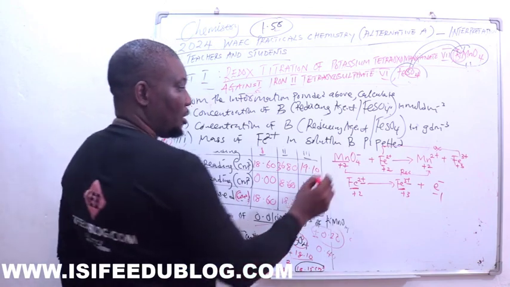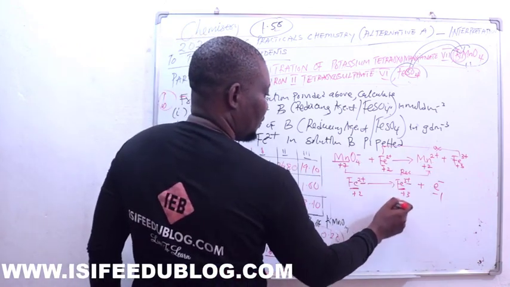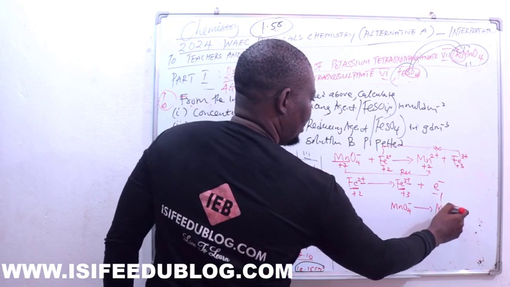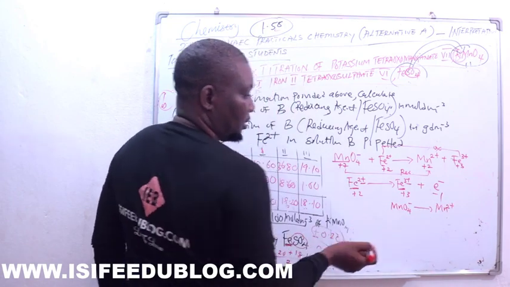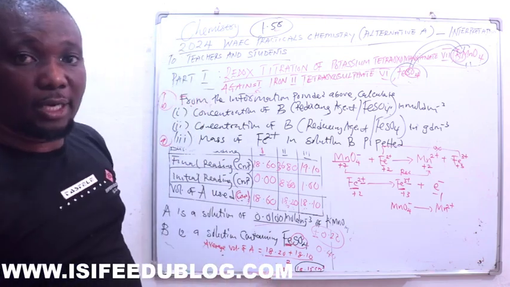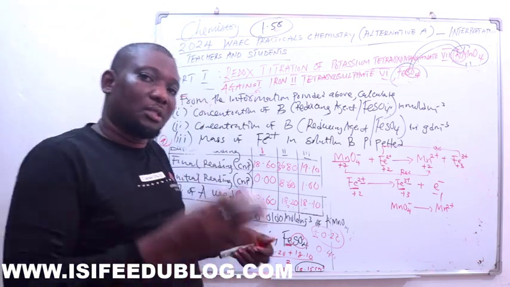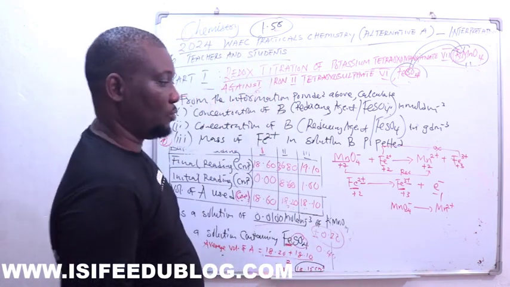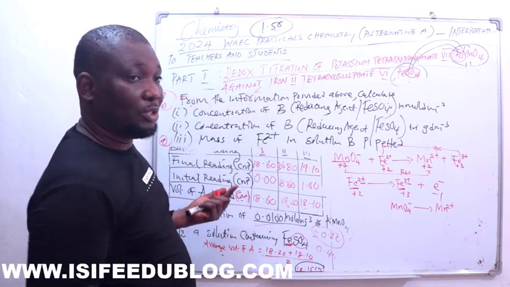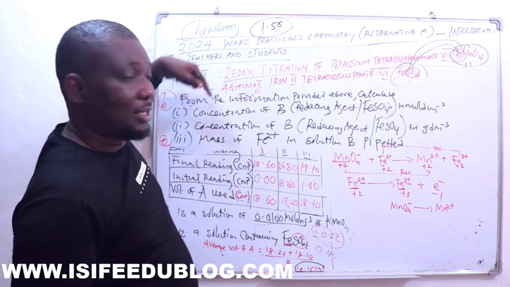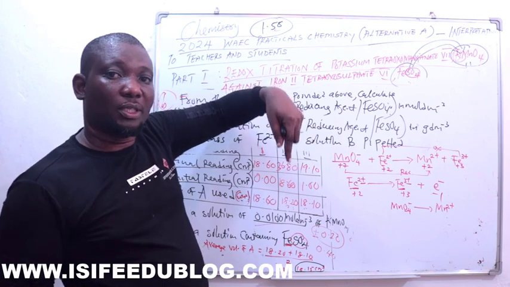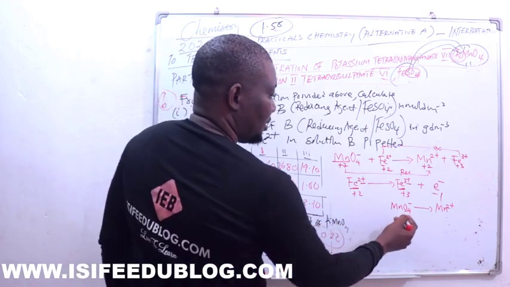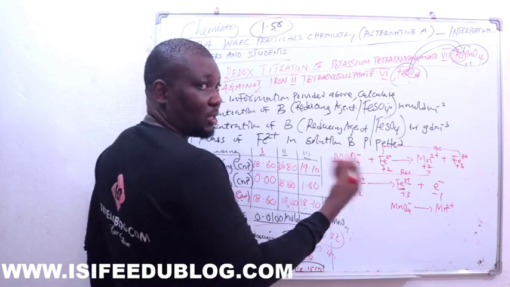So to the next step, we have MnO4 minus, then we have Mn2+. Okay, in this redox reaction involving an oxyanion, the group of atoms that has oxygen attached to it, what we often do, since we added conc H2SO4 to the pale green Fe2+, what furnishes that H+ is H2SO4.